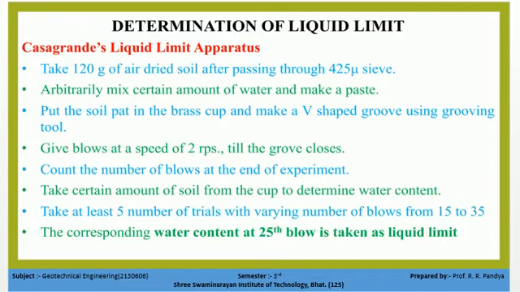Give blows at the speed of 2 rps till the groove closes up to 10 mm or 1 centimeter. Count the number of blows at the end of the experiment.